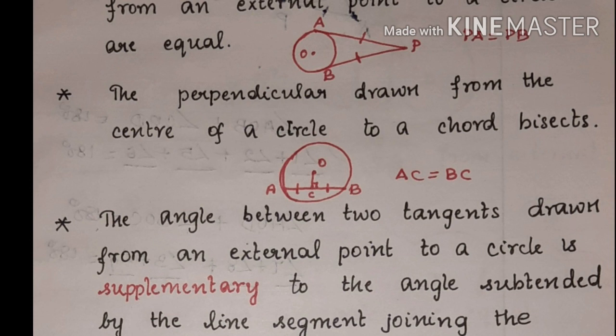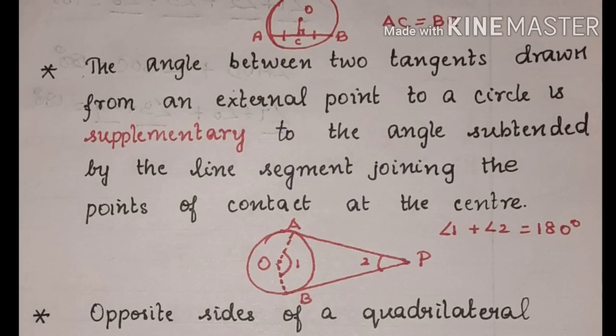The next result is the angle between the two tangents drawn from an external point to a circle is supplementary to the angle subtended by the line segment joining the points of contact at the center. These are the two tangents drawn from the external point.